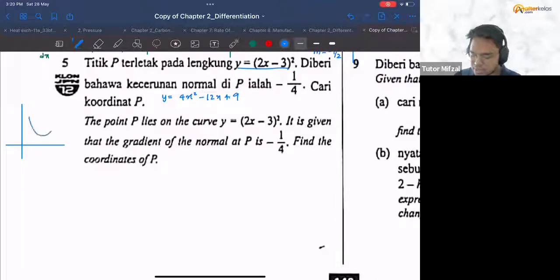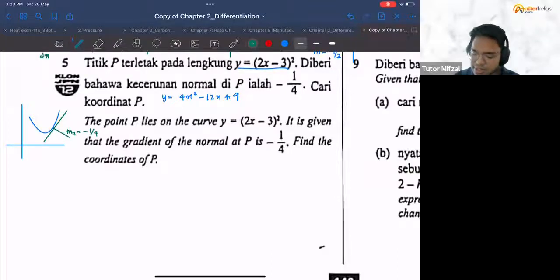So agak-agak macam ni je buat je. Lepas tu dia kata kat sini this is point P. So this is the gradient of point P and this is the normal. Okay. Dia kata the gradient of the normal M2 is equivalent to negative 1 over 4.